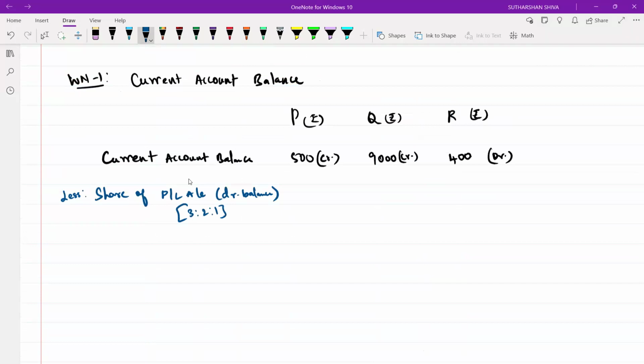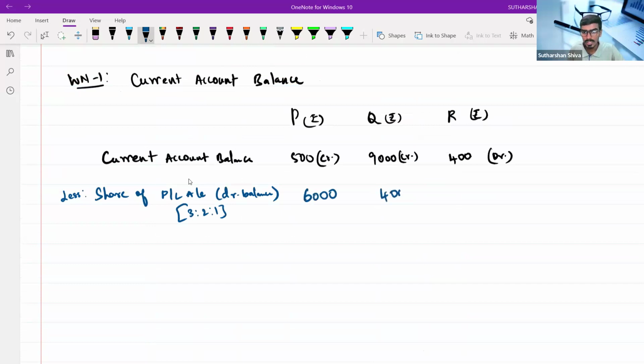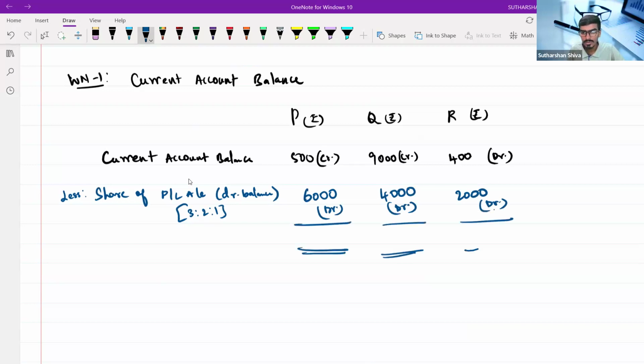It is 6,000. Then it will become 4,000. It will become 2,000. Which side? Debit, debit, debit. Okay. Now the values are as follows. Here it will be 5,500 debit, 5,000 credit.